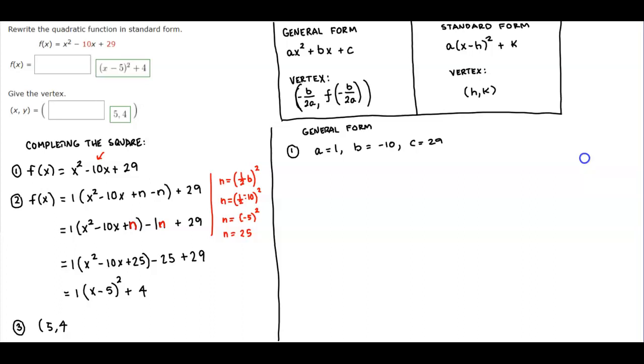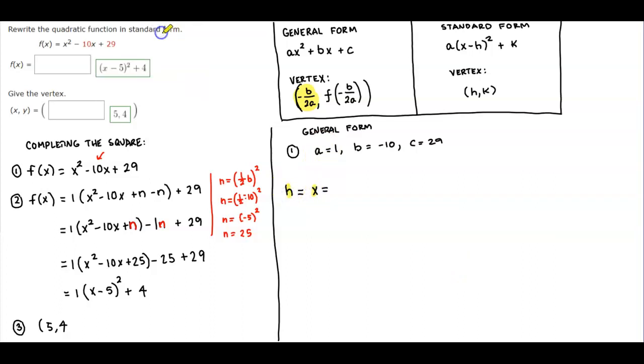So h is equal to the value of x. Well, what does that represent? Well, that value of x here is this x, which represents this h.